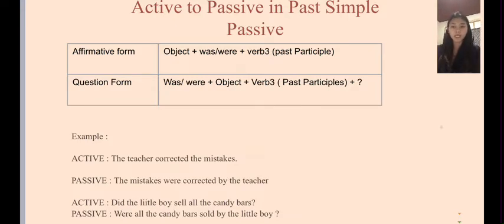For the example, the active, the teacher corrected the mistakes. And the passive is the mistakes were corrected by the teacher. Okay, and the question, the active is did the little boy sell all the candy bars? And the passive is were all the candy bars sold by the little boy?